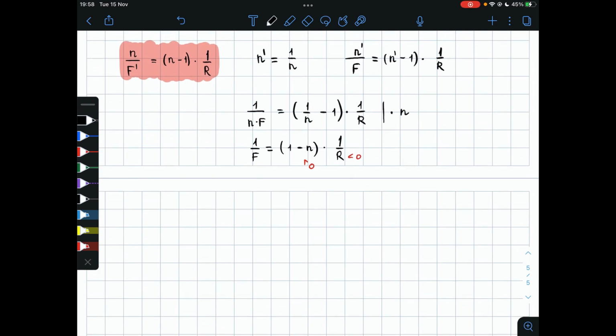So D will be, if I move the minus out of these brackets, minus n minus 1 multiplied by 1 divided by r. This is the power of my lens, which has a plane and a concave surface.